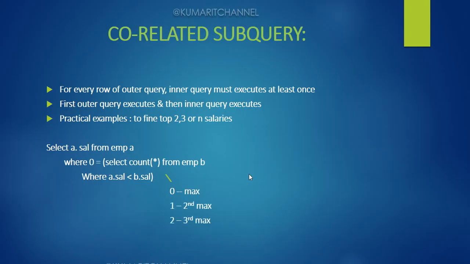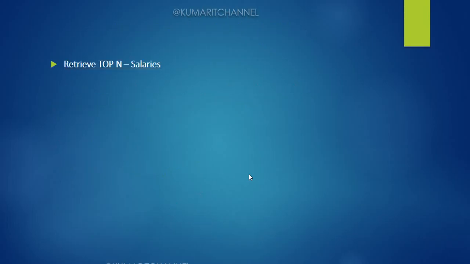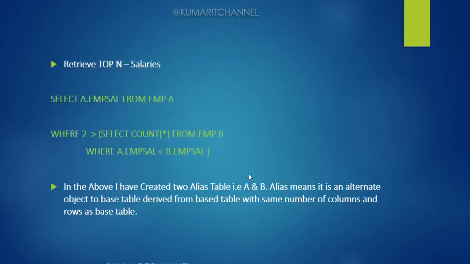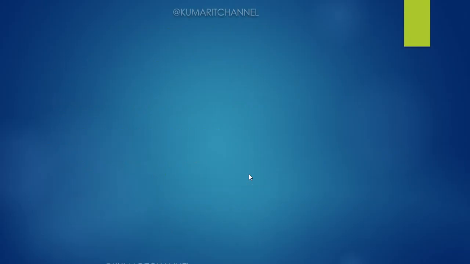So this is the correlated subquery example: retrieve top n salaries. Let me explain in detail. Select a.emp salary from emp a. This is the first line I have written. What is a? A is an alias.